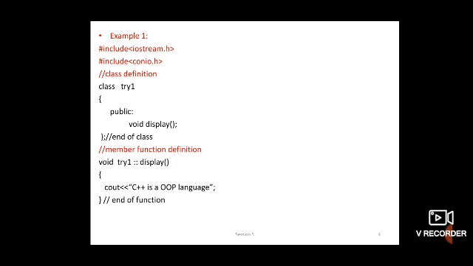So see the main program. Void main, no return data type, so write void then main. Now begin. clrscr means clear the screen. Then, in class try1, which member function is there?